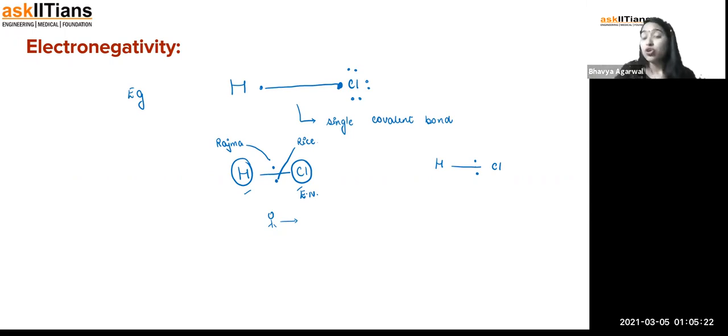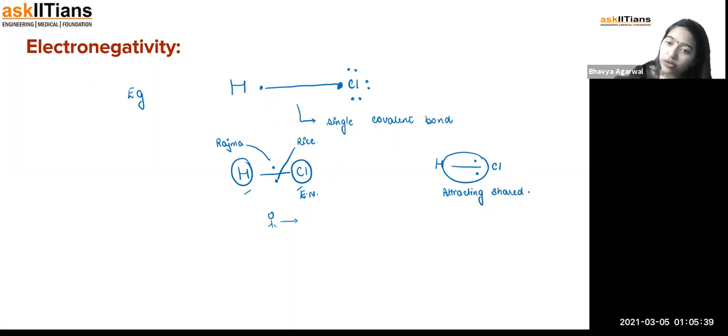Okay. So what happens because of that? This portion, this part of attracting, what has chlorine done? Chlorine has attracted the shared pair of electrons.